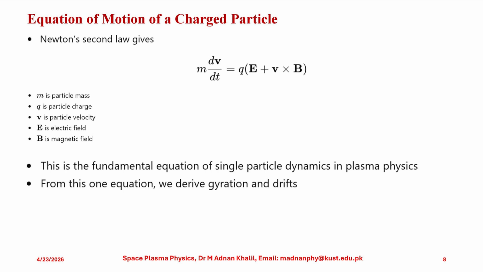M is the particle mass, Q is the charge, V is the velocity, E is the electric field, and B is the magnetic field. This is the fundamental equation of single particle dynamics in plasma physics. Every result in this lecture, including circular motion, helical motion, and drift motion, comes from this one equation.